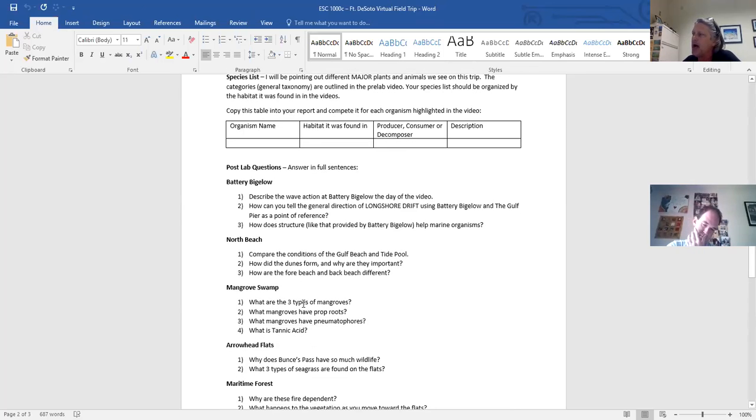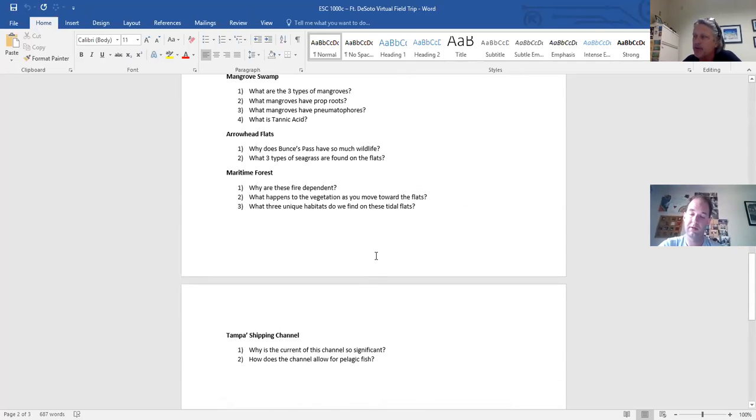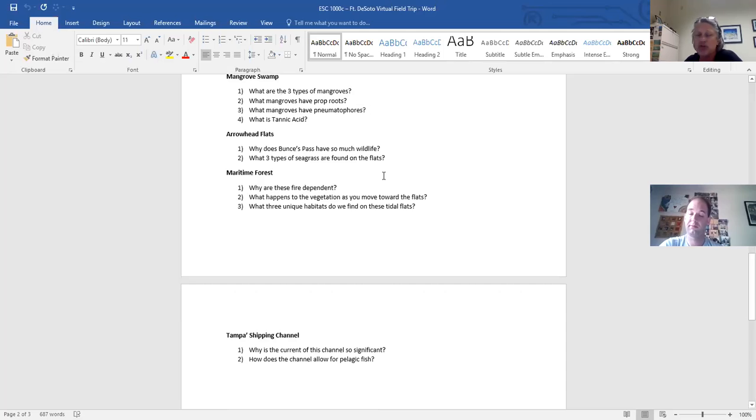The mangrove swamp, your abiotic factor would be lack of waves. You know, you'd have tides and more of a muddy substrate. Substrate refers to the soil. So a brief description on each of the locations. The Tampa Bay shipping channel, we discussed that. That's a unique area.